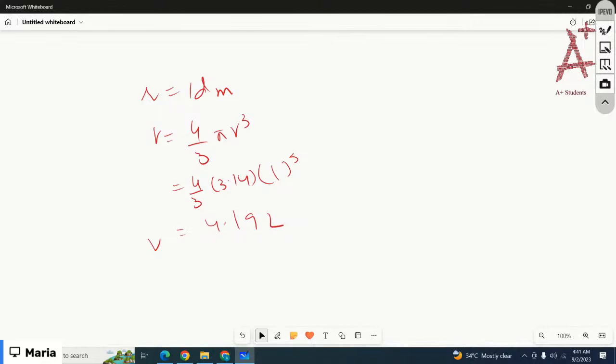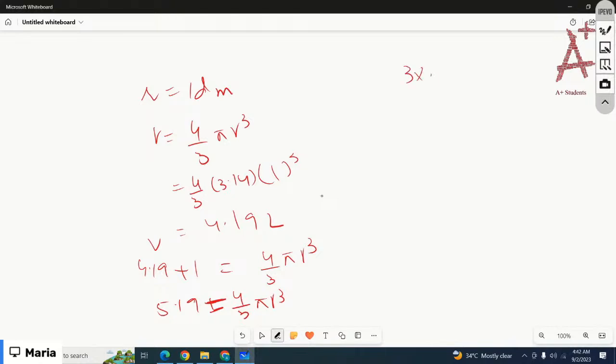So we then add 1 liter to the total volume, right? So it would be 4.19 plus 1 equals 4 over 3 pi r cube. So it is 5.19 equals 4 over 3 pi r cube. Just evaluate it for the r, right?